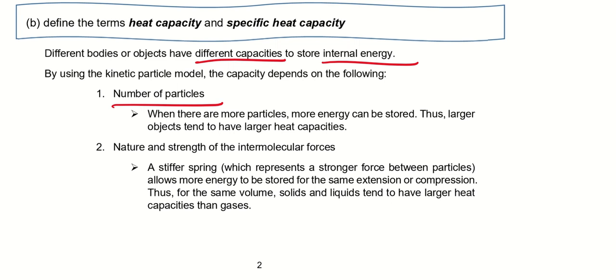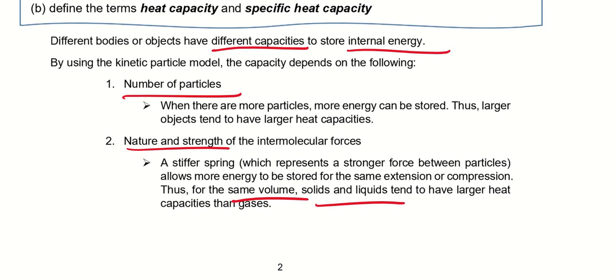Then also the nature and strength of the intermolecular forces. So what do I mean? For the same volume, solids and liquids tend to have larger heat capacities than gases. Okay, they try to use the spring, the force between particles.